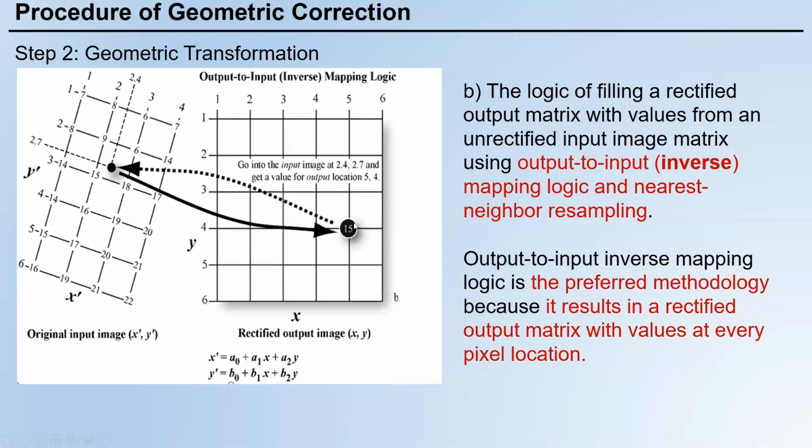So the output to input inverse mapping logic is the preferred methodology because it results in a rectified output matrix or image with values at every pixel location.